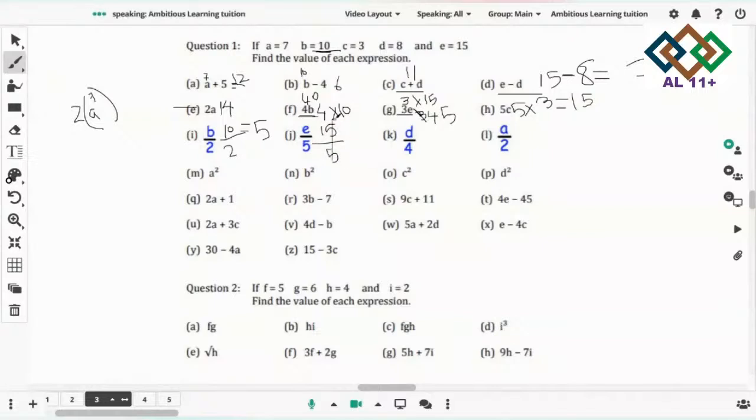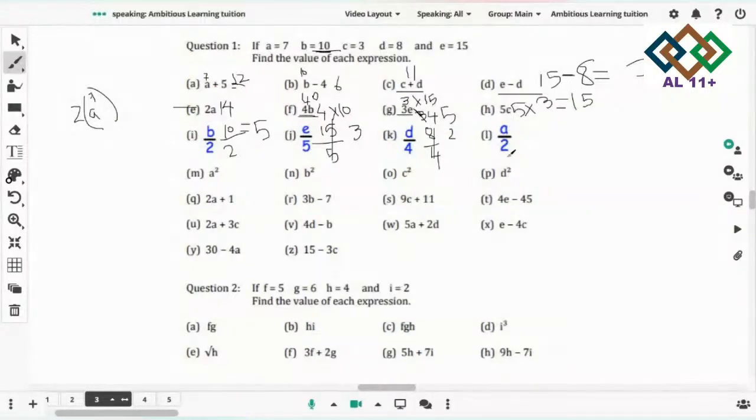Divided by 5 is 3. Then you have d divided by 4. That's 8 divided by 4. That gives you 2.